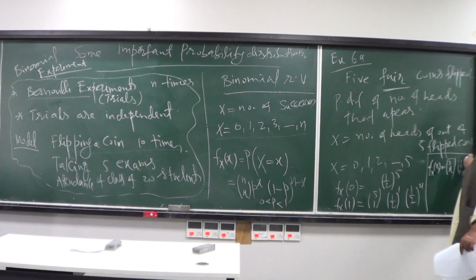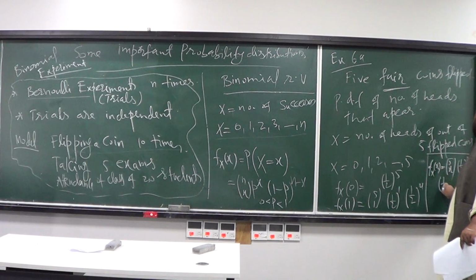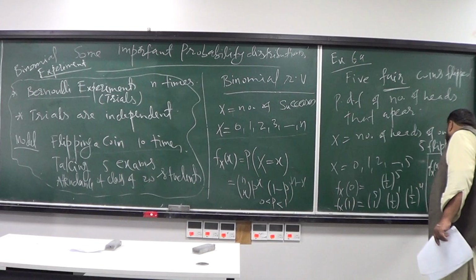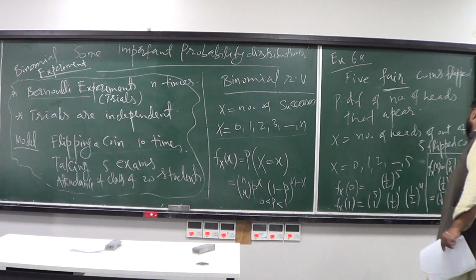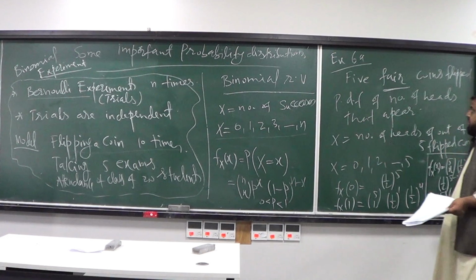This is the probability of getting x heads, multiplied by the probability of getting 5 minus x tails. If you simplify, you get 5 choose x times 1 over 2 raised to 5. So this is really the PDF of this kind of situation. So that's one example.